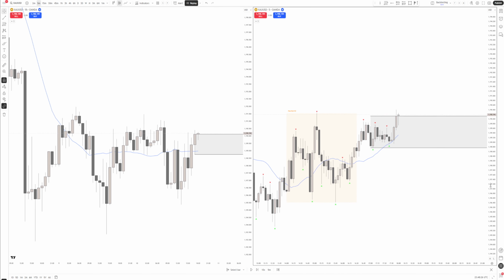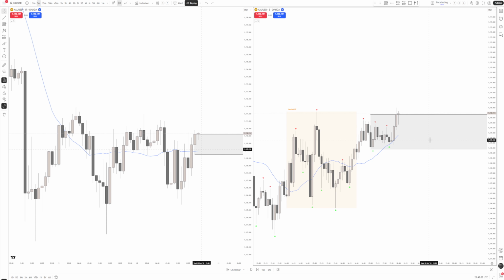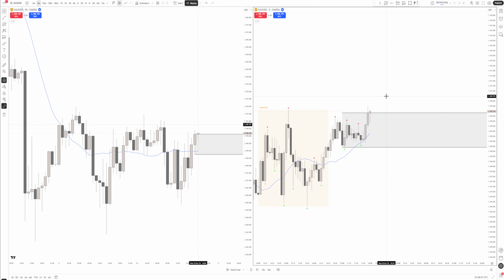Okay, so what is our entry model? Very simply, we are looking for either price to come back into the moving average, which is here, as close as possible, and then we enter the trade, or if we're already seeing bullish momentum in that direction, we can take the trade.